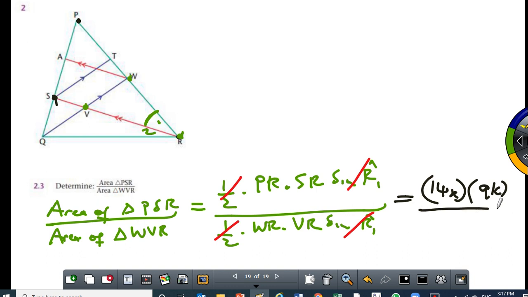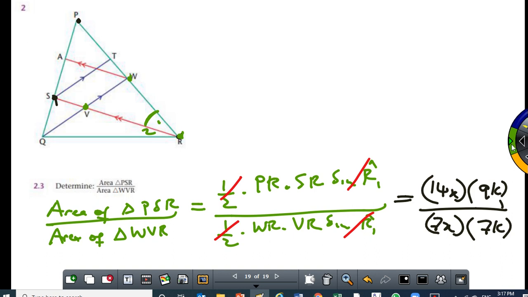Don't rush to do that. Then WR is in terms of x, I know that it's equal to 7x. And my VR, I know that it's equal to 7k.